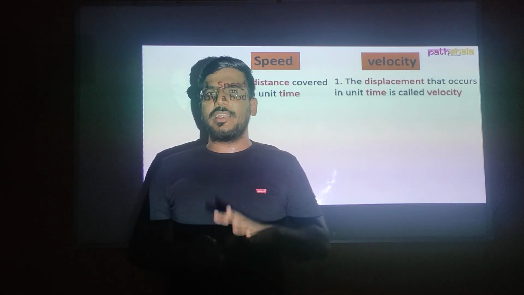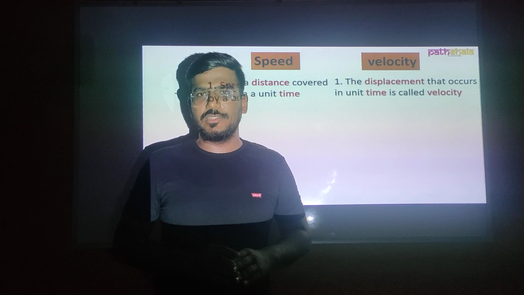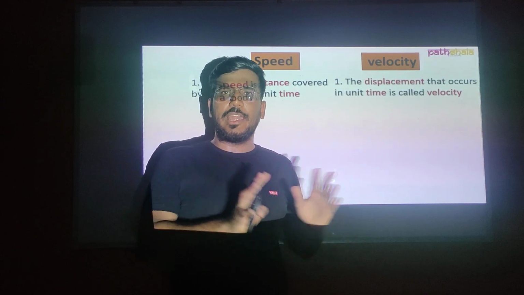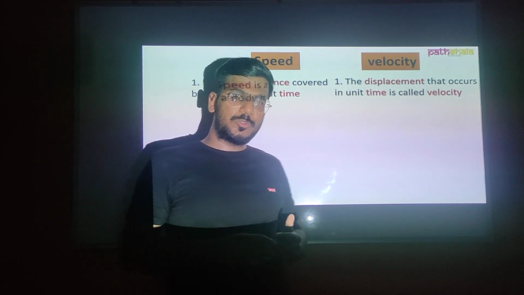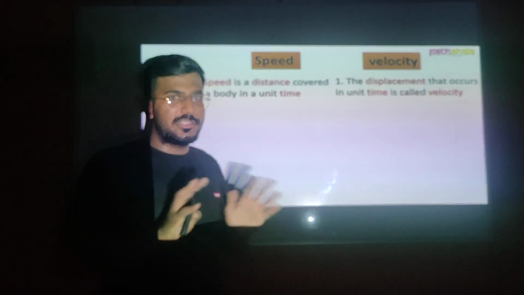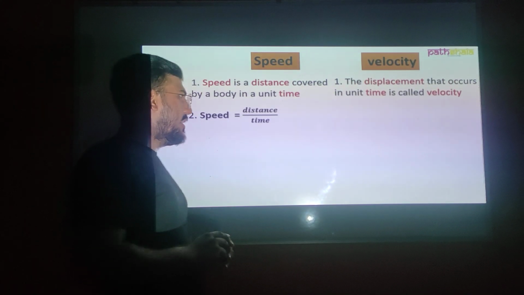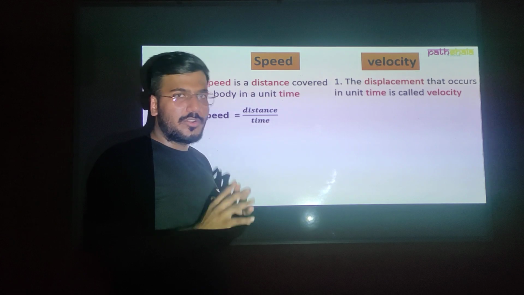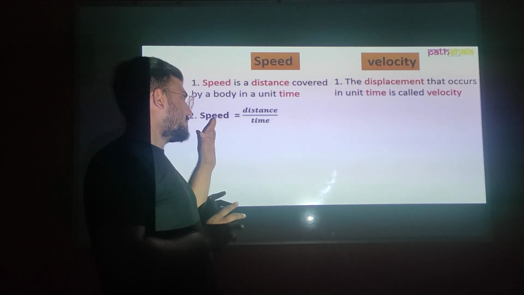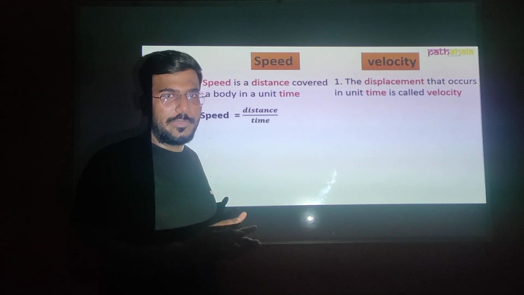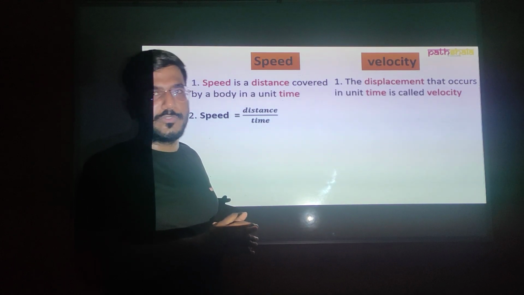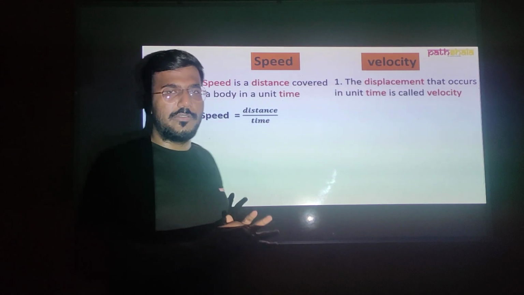So technically, this was about the meaning of speed and velocity. Fine. Now since speed is related to distance, and distance doesn't need any direction, it will of course be a scalar quantity. Now that's the formula for speed. Speed is equal to distance traveled upon time taken, the 6th or 7th standard formula we have learned.